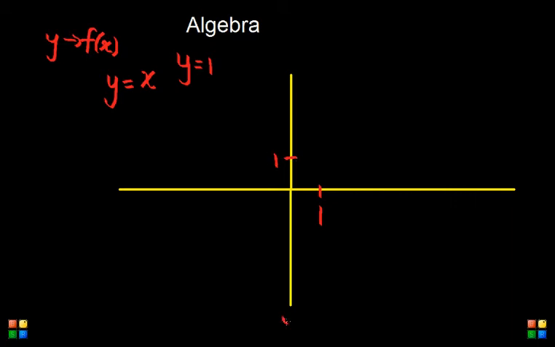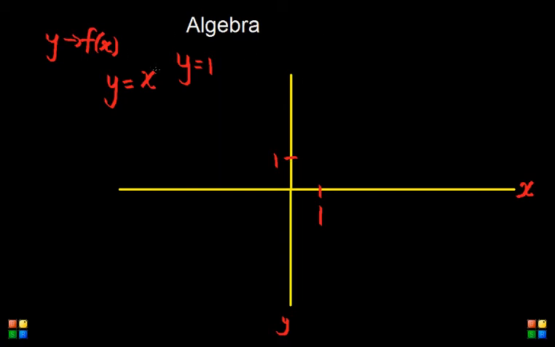So let's make this 1. This is your y axis, and this is your x axis. Whatever value you have for x will be on the x axis, but when you plug it into the function, your output is y, which will be described by the y-axis.